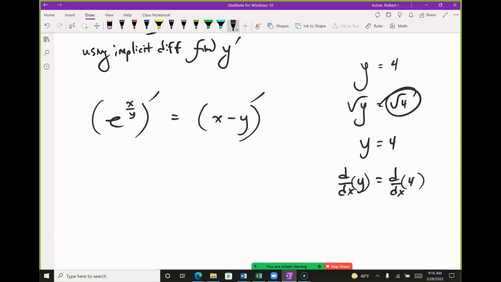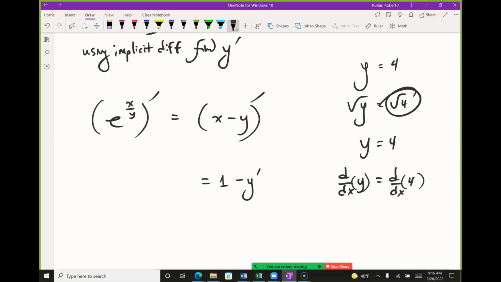So what's the derivative of the right-hand side? That's pretty easy, right? The derivative of x is 1. The derivative of y is y prime, so negative y prime.